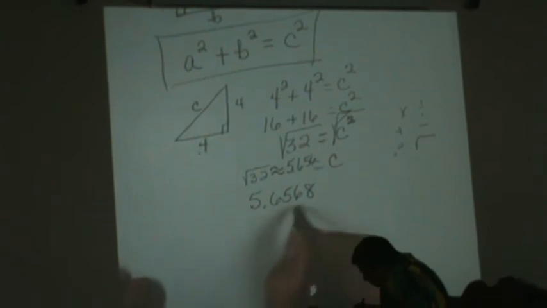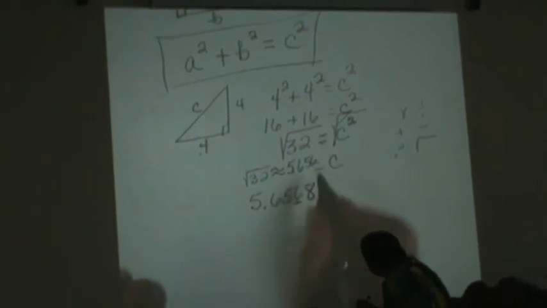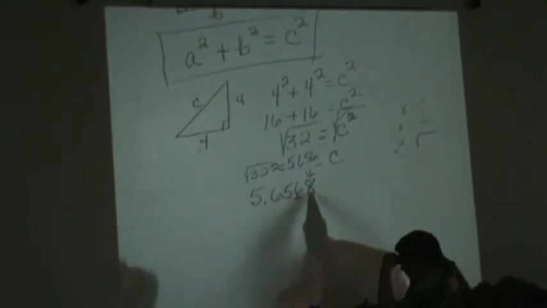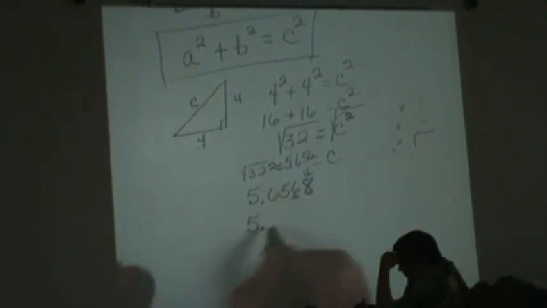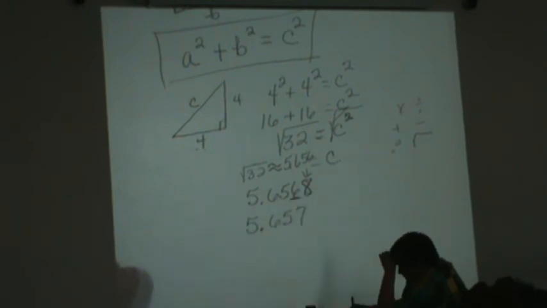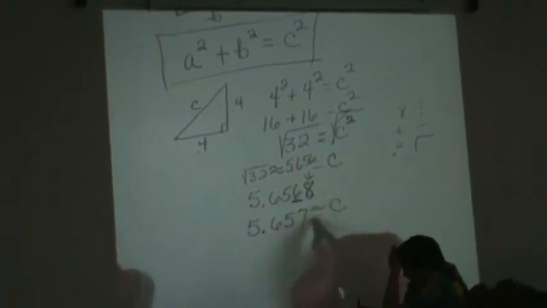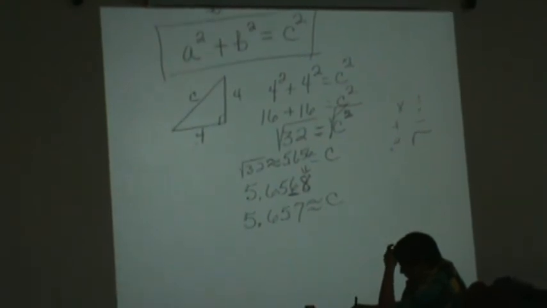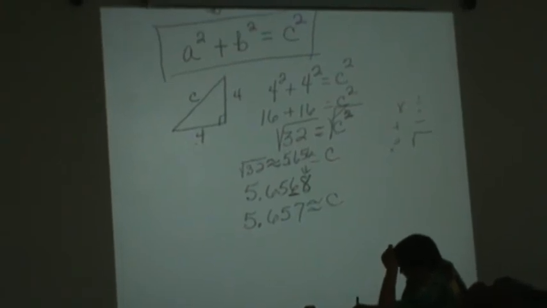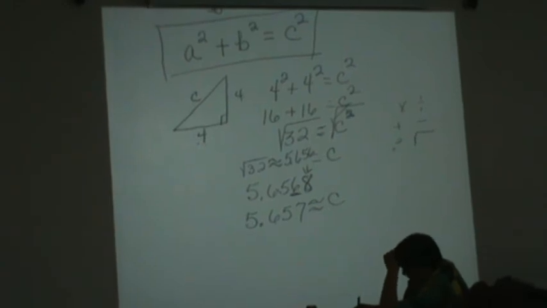Since we need to go to 3 places, we need to look at the 4th one and see how to round. Since that's an 8, this will be 5.657. Okay, so C is approximately 5.657. And it didn't give units, so you don't have to worry about units. If there's not inches or feet on the problem, you don't have to worry about the unit.